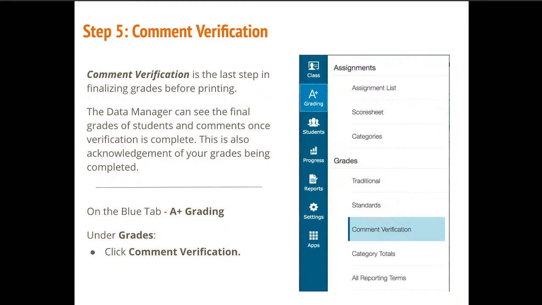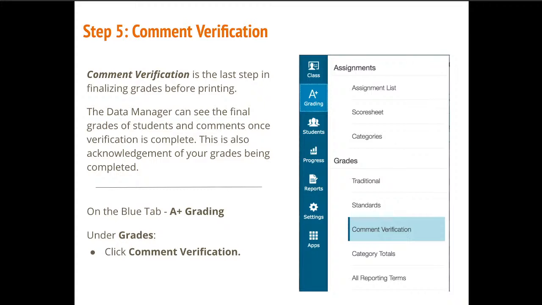So it's just always a good area to see everything all at one time. But because you don't have assignments in that particular area right now for K-2, you would not really see anything in that area for the standards based grading.